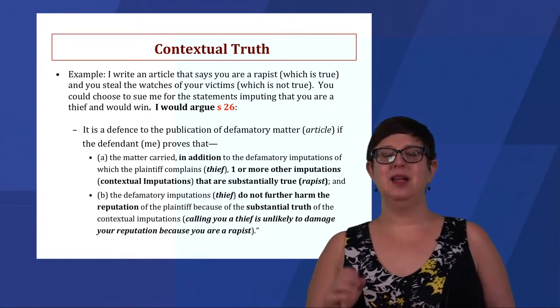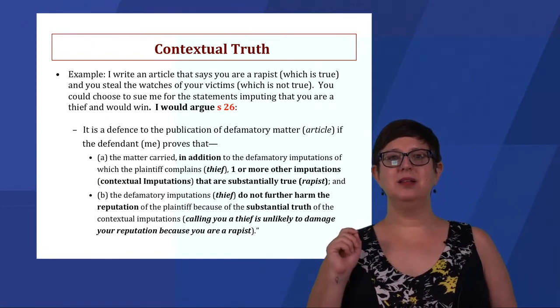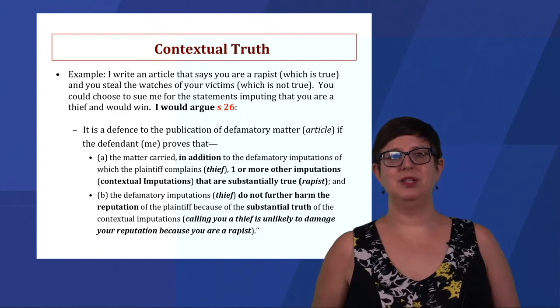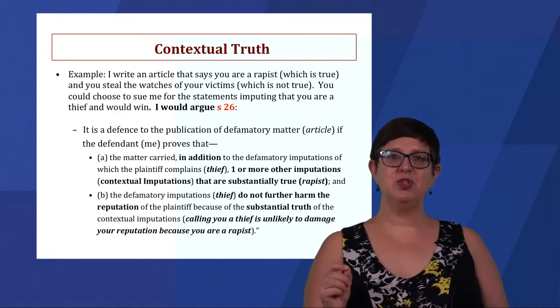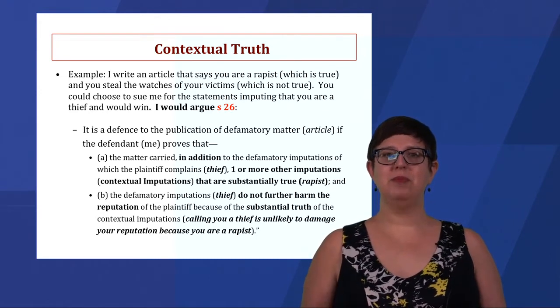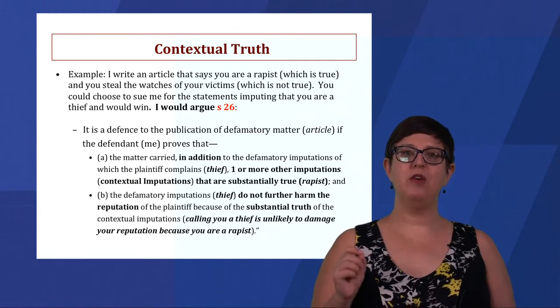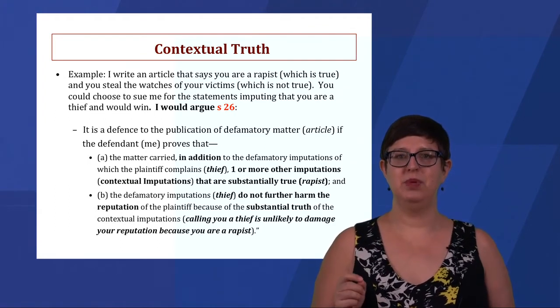And that is, in my example, that the person is a rapist. And the second part of the section requires that the defamatory imputations, that is someone being a thief, do not further harm the reputation of the plaintiff because of the substantial truth of the contextual imputation.